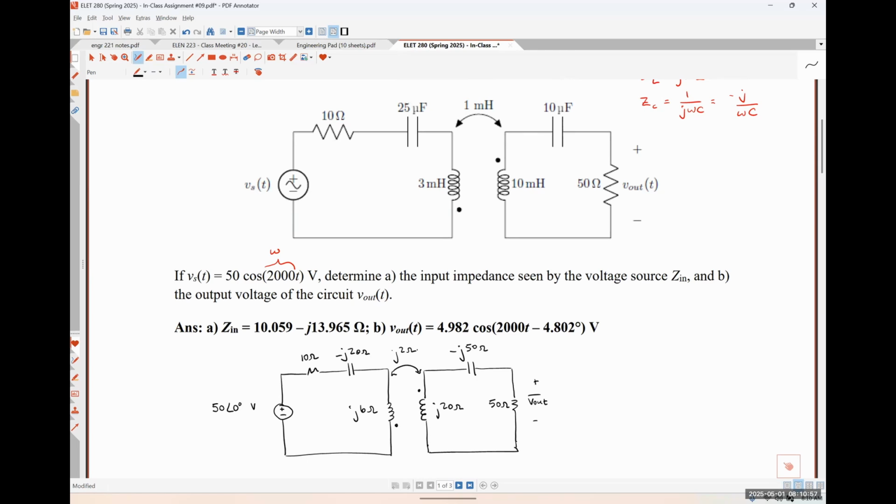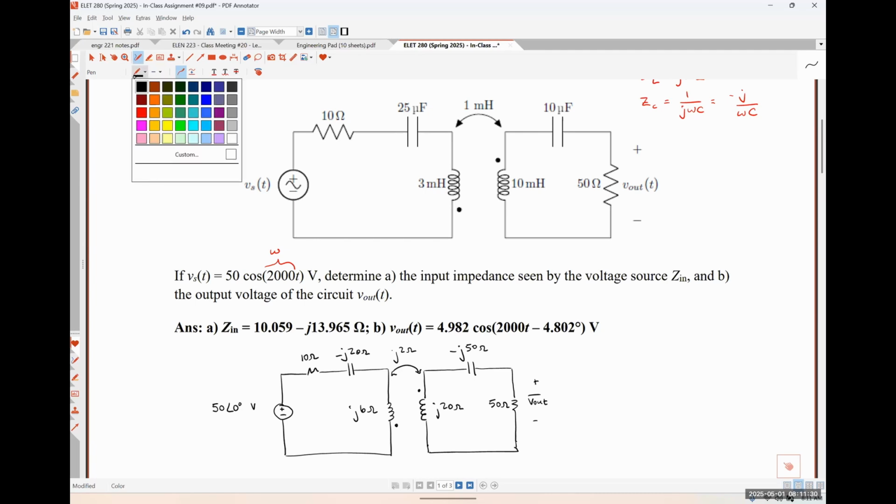So if you were to look back at our notes for what we did in class last Thursday, where we were calculating the input impedance, when we derived everything, we had our mesh currents for both of our loops flowing into the positive polarity terminal, or into the dotted terminal of our coils.